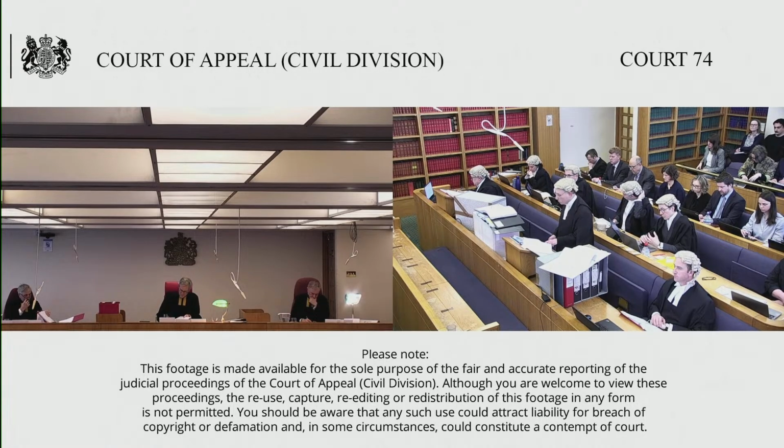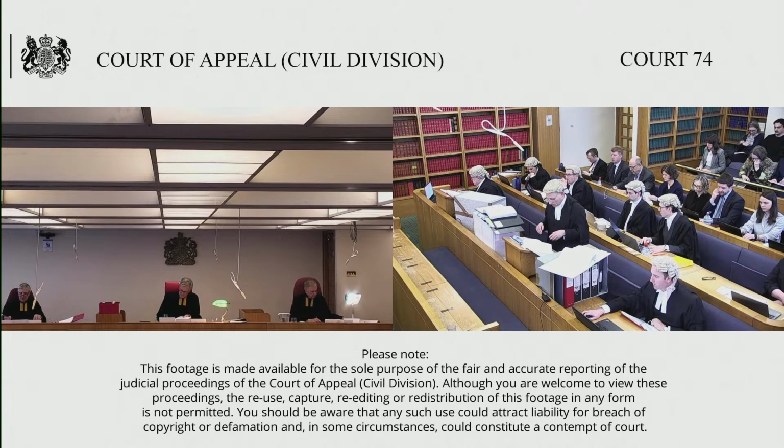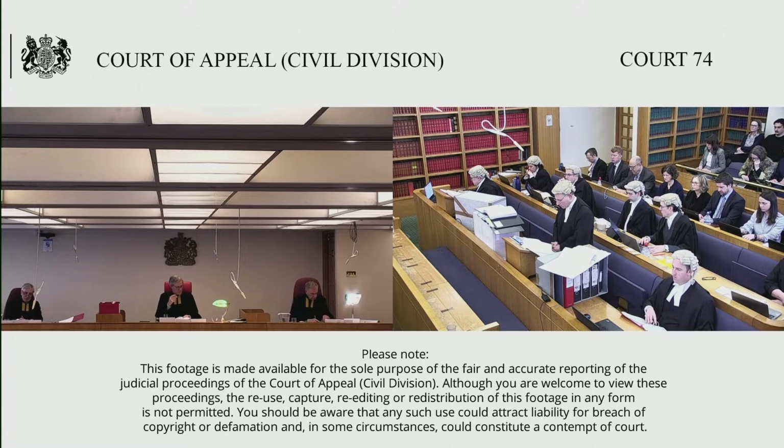And we respectfully endorse paragraph 271 of the FTT's decision, where they conclude that the basis of eligibility should not be a significant feature, but in any event, that's a matter for the tribunal's discretion.